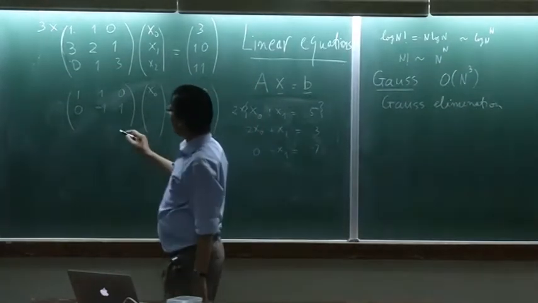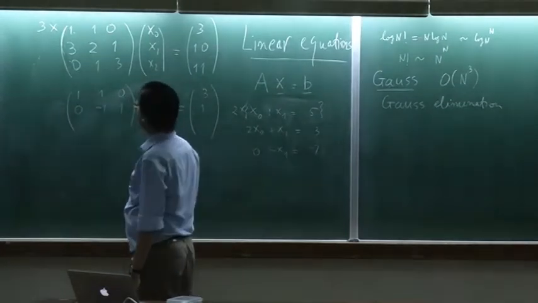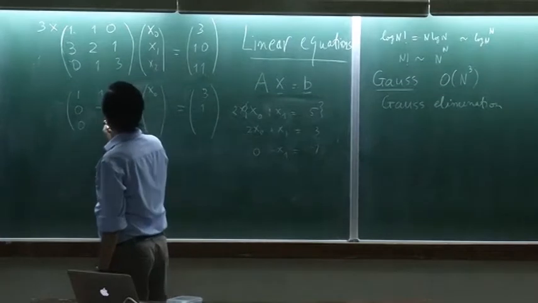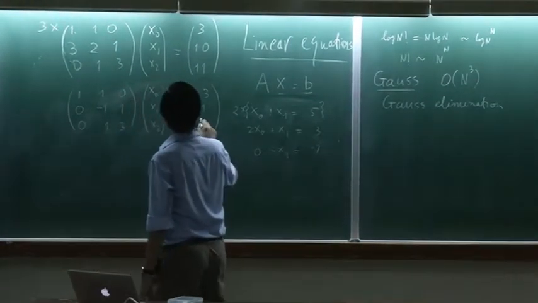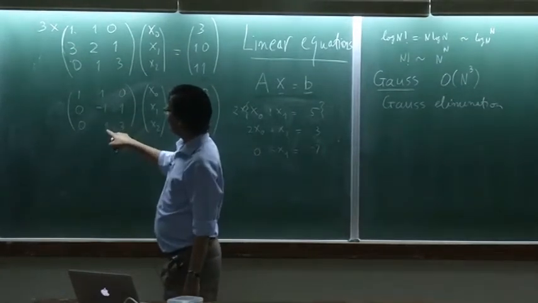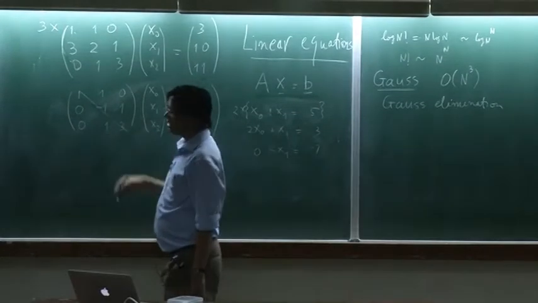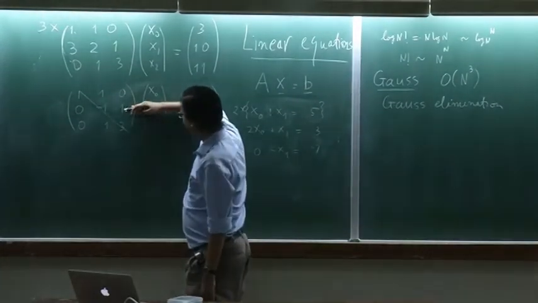And now I have the bottom equation as it is. Now I want to eliminate this one, because this should be diagonal. How do I eliminate it? Just add this equation.